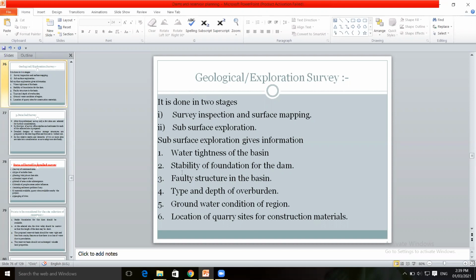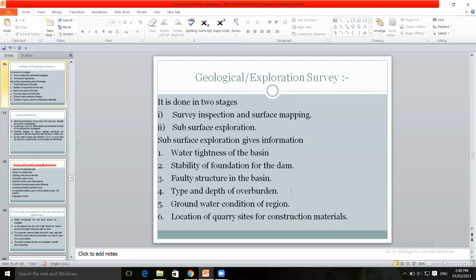Subsurface exploration gives the water tightness of the basin. If any leakage is there at the base of the dam, at the base of the reservoir, at the basin of the reservoir, whether percolation occurs or not, type of soil in that area, stability of the foundation for the dam is decided, whether settlement of the foundation will occur.